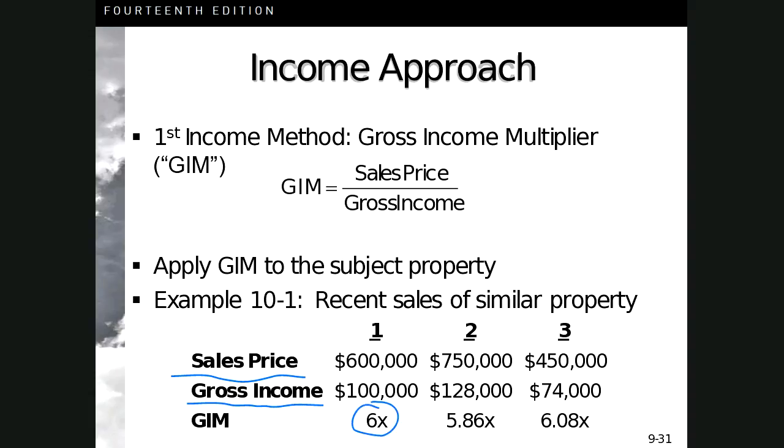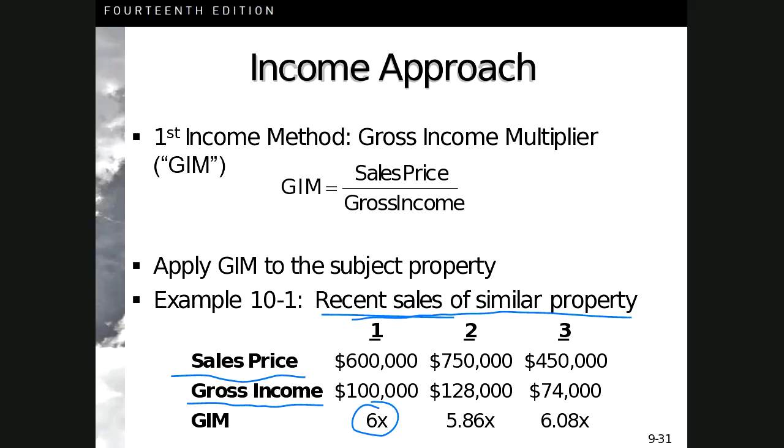If we have 750 divided by 128, then it's 5.86 times. If it's 450 divided by 74, then it's 6.08 times. Okay, welcome, William. So we have all of these numbers, and these are for recent sales of similar properties.